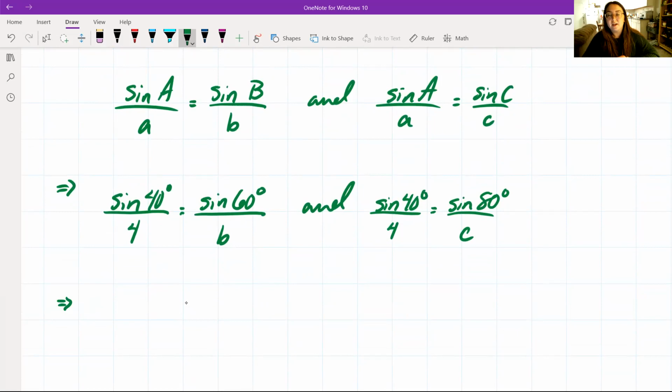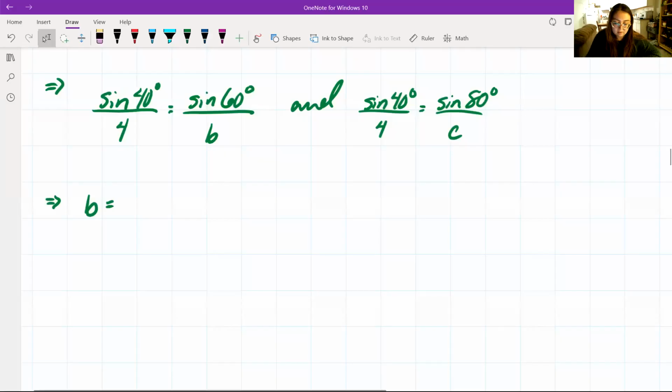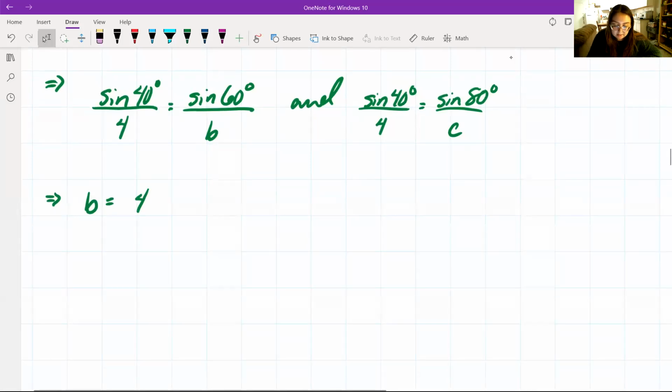So we're using our law of sines in order to solve for specific values. We can rearrange each one of these equalities so that we are solving specifically for the measurement that we want. On our left-hand side, if we solve for b, we end up getting 4 times sine of 60 degrees divided by sine of 40 degrees.